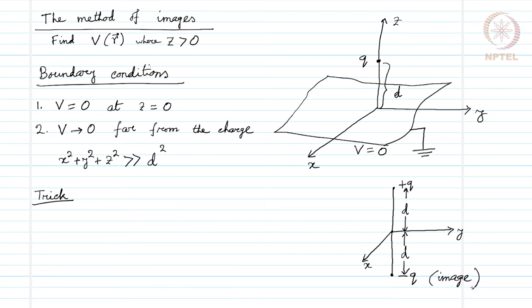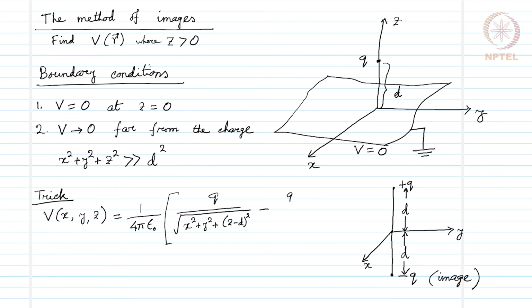And if we now find the potential due to this arrangement, then we can write that V of x, y, z equals 1 over 4 pi epsilon naught times plus q over the square root of x squared plus y squared plus z minus d squared, minus, because of the negative image charge, q over the square root of x squared plus y squared plus z plus d squared.